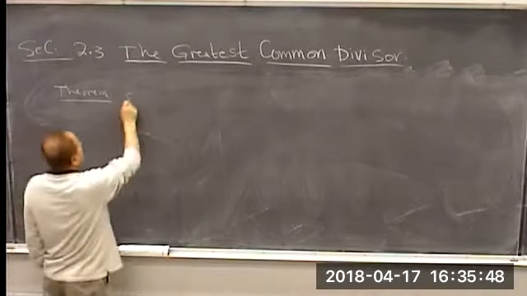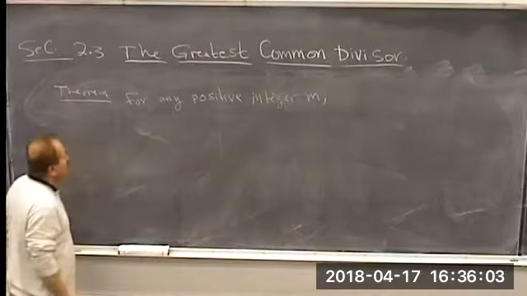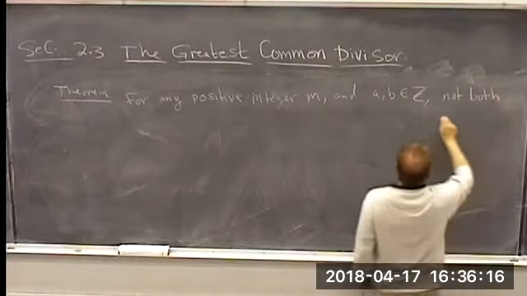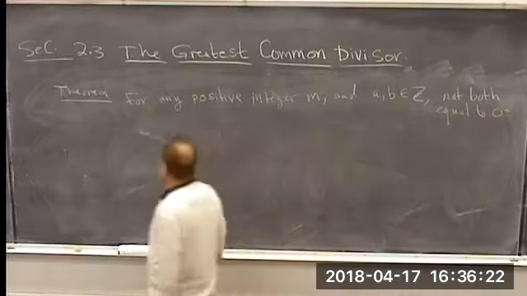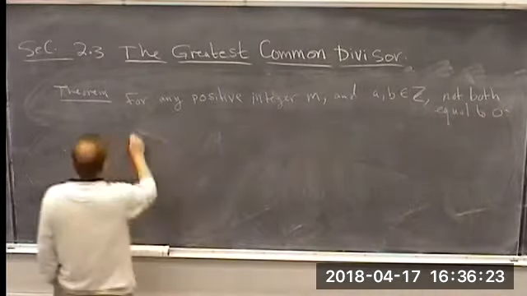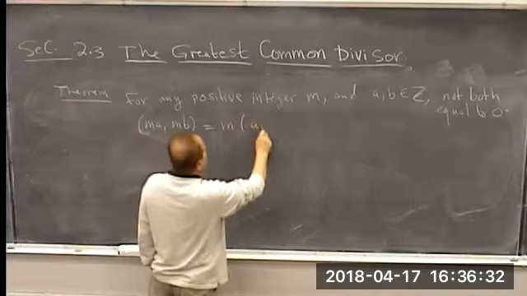For any positive integer m, and the usual A and B integers not both equal 0, the greatest common divisor of mA, mB is equal to m times the greatest common divisor of A, B.